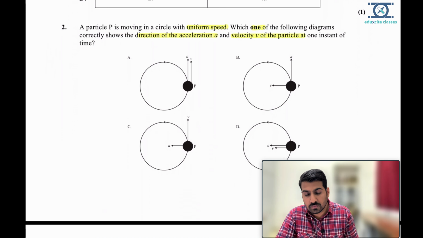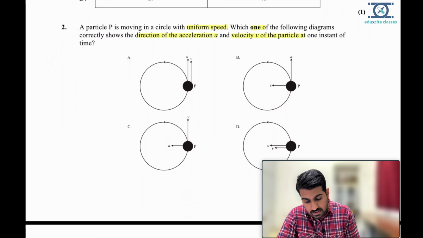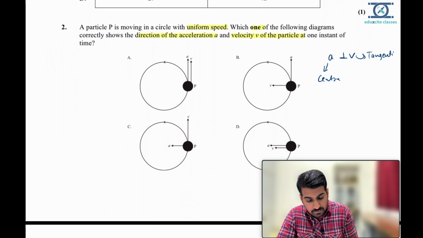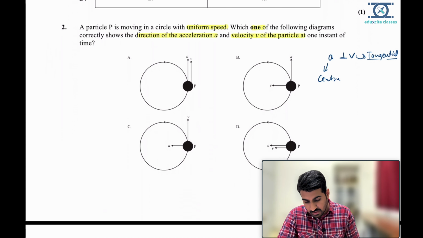It is the most fundamental characteristic of any object moving in a circle that the acceleration and the velocity are perpendicular to each other. Also the acceleration will be towards the center, and the velocity will be tangential, touching the circle at a single point. So you just check, this is incorrect, this is tangential so incorrect, this is also incorrect. So option C is the right answer.